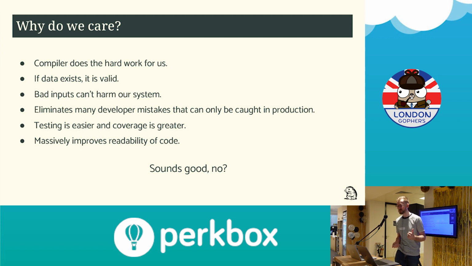Testing, as we will see demonstrated, is also easier and coverage is greater, and it will massively improve the readability of your code, assuming you don't do some very interesting things with the English language, which I know we're all capable of as developers. So this sounds pretty great.